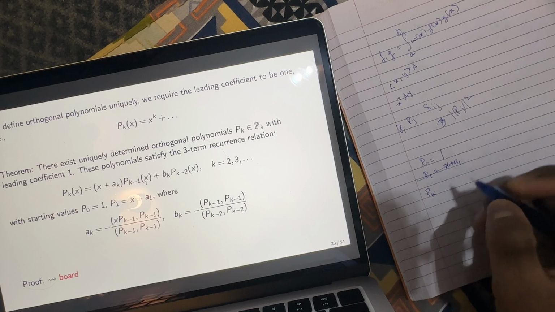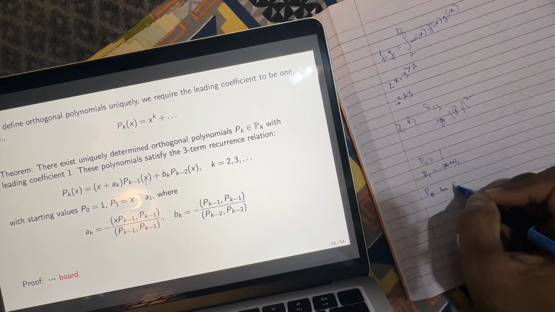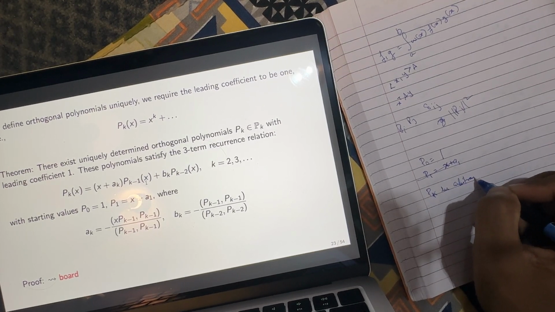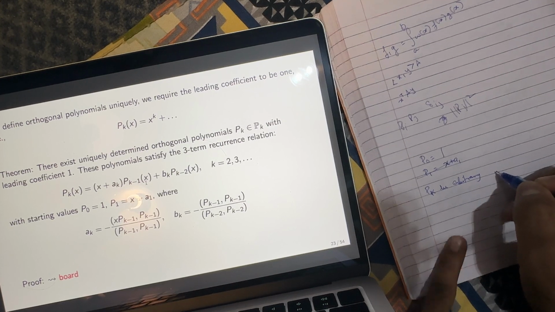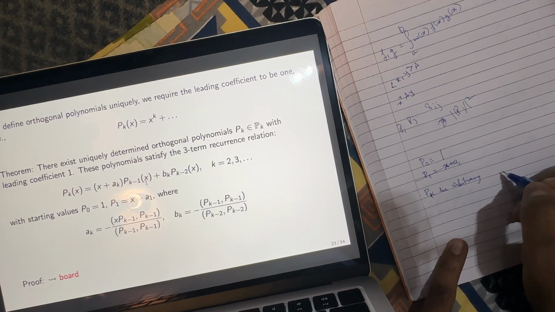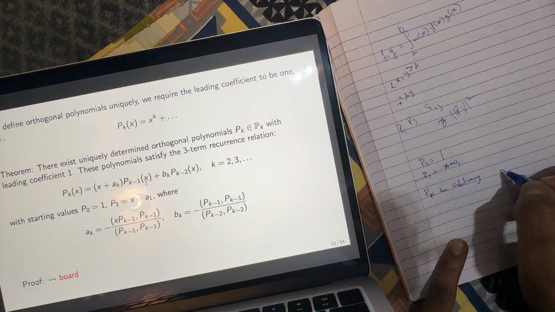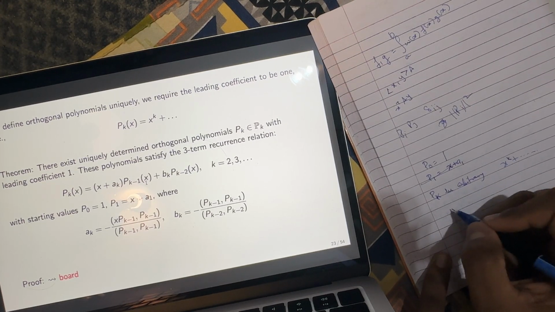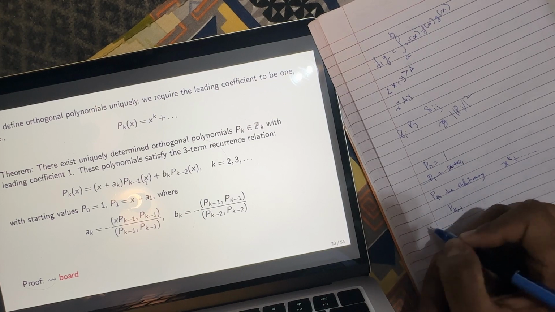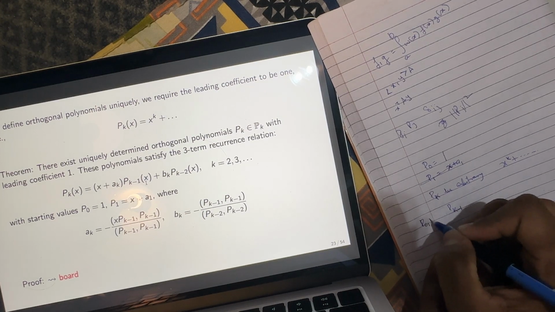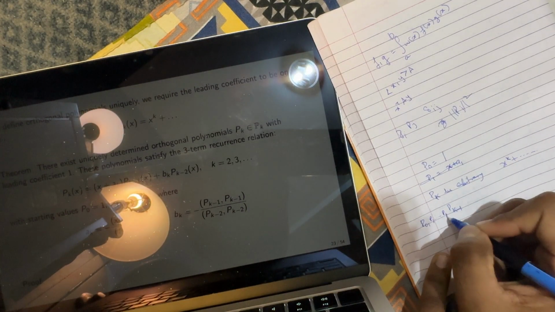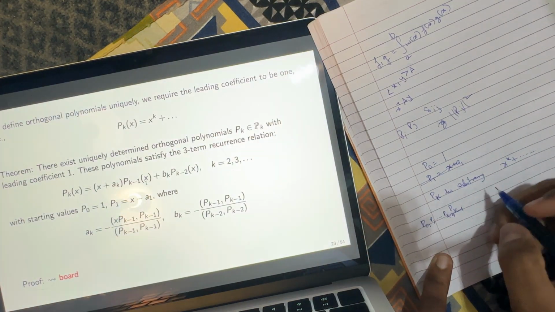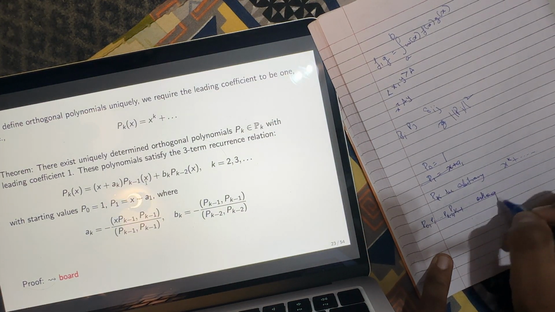Let Pk be an arbitrary polynomial with leading coefficient 1 with degree k, right? So Pk is x to the power k plus something, and P0, P1, up to Pk minus 2, Pk minus 1 are computed, and these are orthogonal.